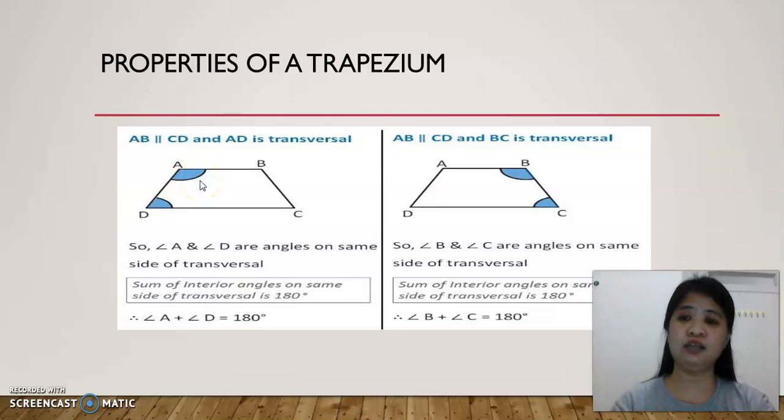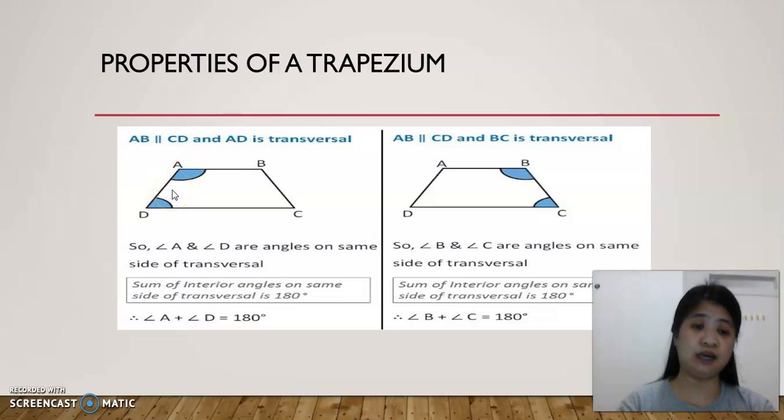So we're talking only about the angles between the two parallel sides. So this side and this side are parallel, and the two adjacent angles, when you add them up, the answer will become 180 degrees. So similar to this figure.